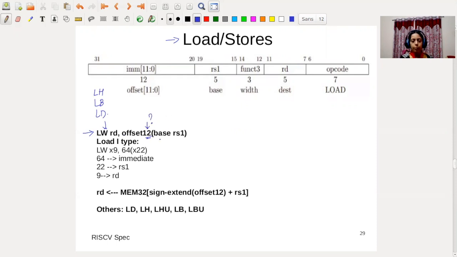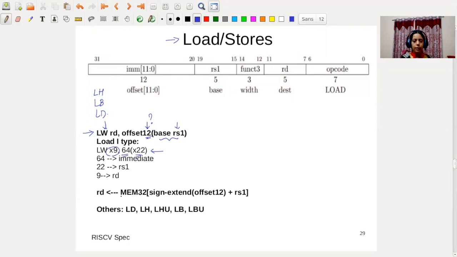And then followed by a base register, which is typically provided in RS1. So the format, for example, is like this: LW X9 64(X22). So the immediate is 64, X22 is the base register to which you will add the offset, and then X9 is the destination register.